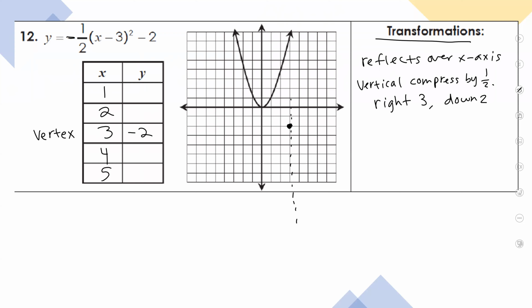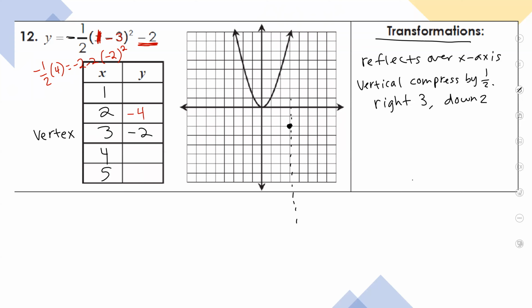So let's go ahead and plug a 1 into my equation. If I plug in a 1, let's see what happens. What is 1 minus 3? -2, and then we're going to square it, 4, and what's -1/2 times 4? -2, and then we're subtracting 2, -4.